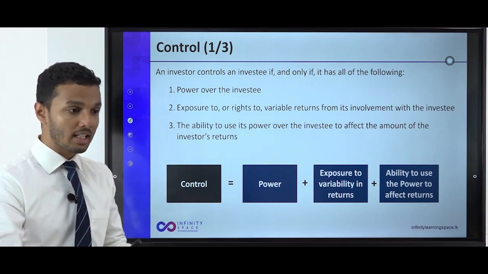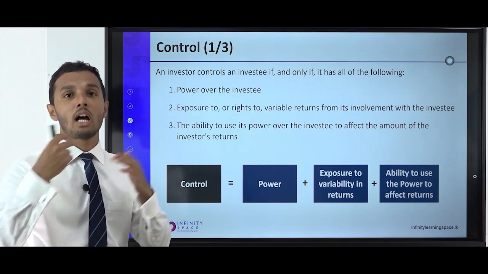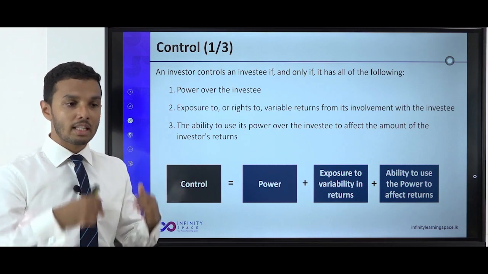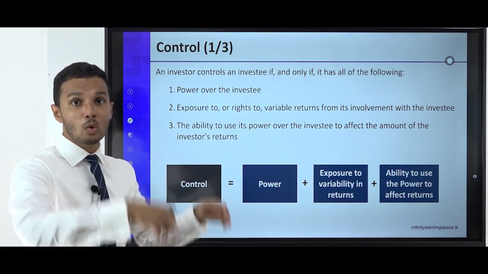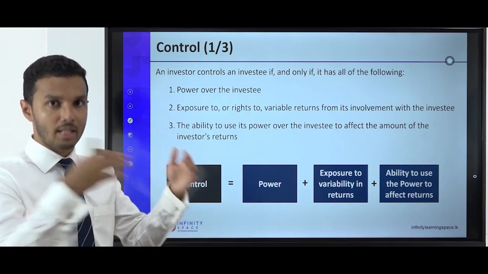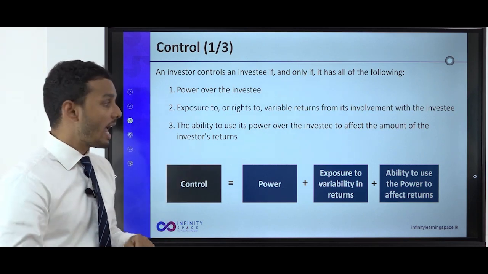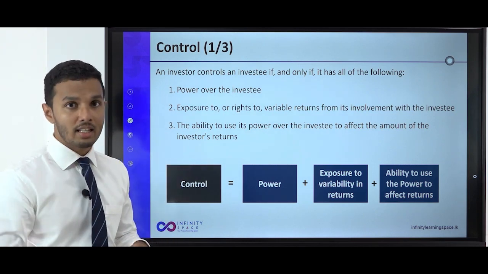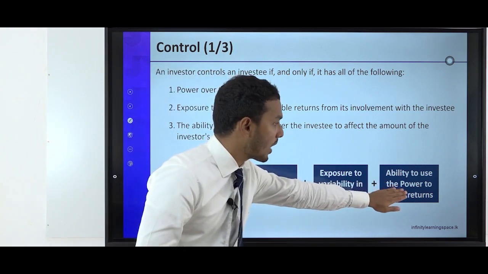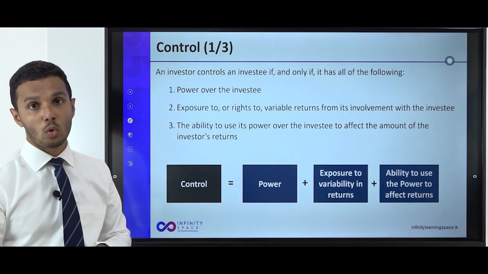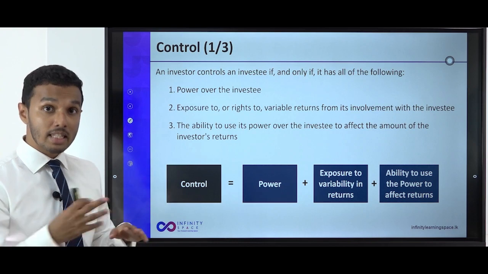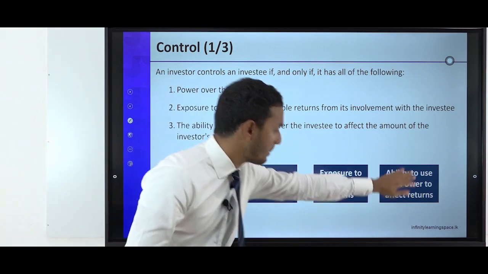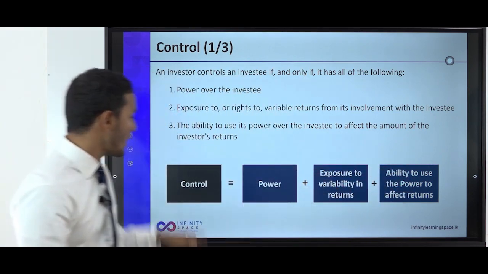We know an agent is someone who is going to act on behalf of someone else, and a principal is someone who appoints an agent to act on his behalf, the agent-principal relationship. If the investor is an agent, he does not meet this requirement, so he does not have control. And if the investor is a principal, he meets this requirement, and if he meets the other two also, he will have control.